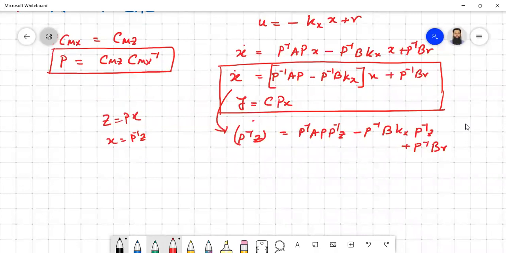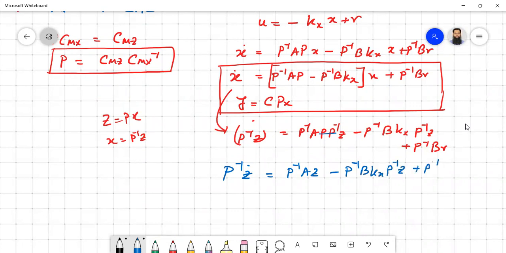As you have already noticed, these two will be cancelling each other. So you have P inverse Z dot equal to P inverse A Z minus P inverse B KX P inverse Z plus P inverse BR.